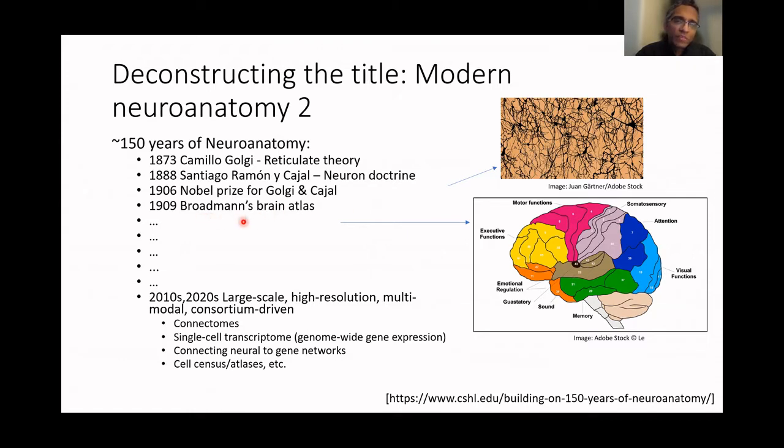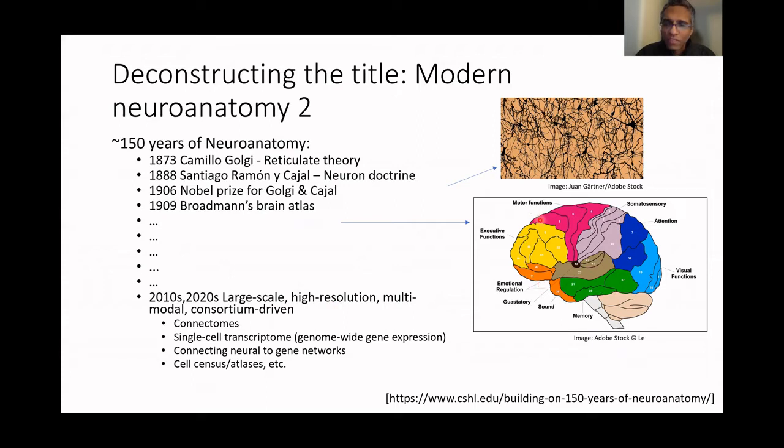Another landmark was Brodmann, who came up with a brain atlas. He divided the brain into different regions based on anatomical structures, and associated some structural and functional organization with them. There were several other works, and then in the 2010s and 20s, the neuroanatomy field has taken a modern approach. By modern, we mean large scale and high resolution.